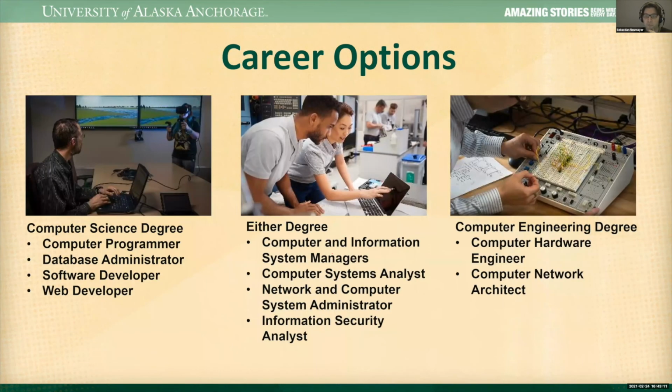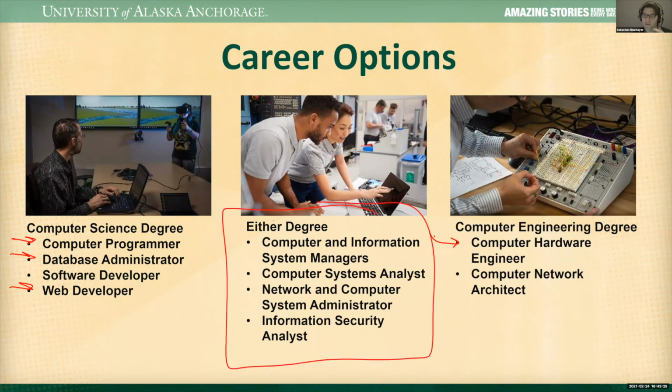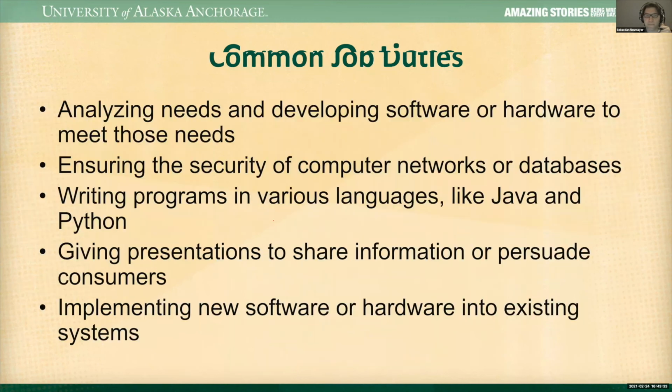And so in terms of career options, computer science allows you to be a computer programmer, do database work, or be a web developer. Whereas on the computer engineering side, you're going to work with computer hardware. And with either degree, you can work in IT or management information systems, or be an administrator, things like that.